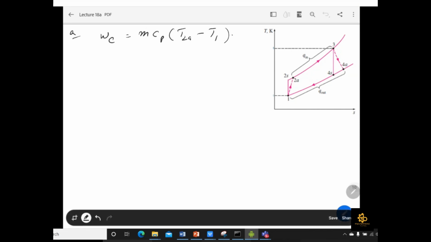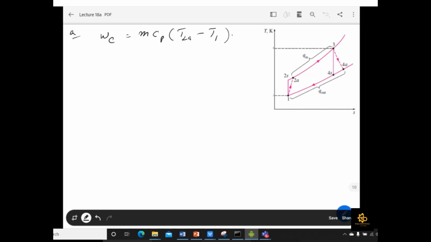Now in this question, we have to find T2A first because T1 is known to us. The CP value is also known because it is air, and the mass flow rate is also known, which is 1. So first we have to find the value of T2A.